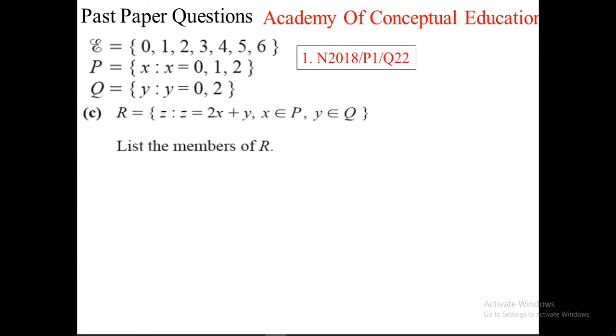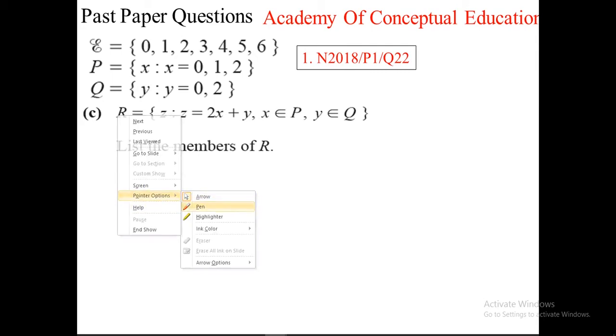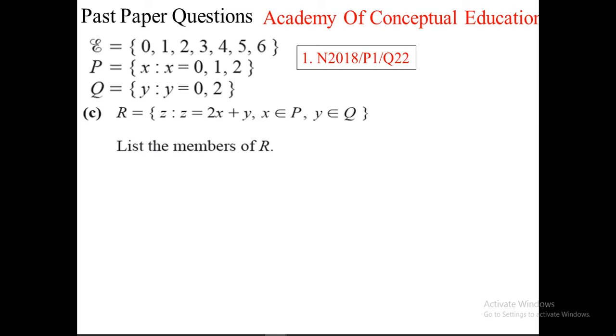Now we are continuing the first question here again. We can see that the sets U, P and Q are given, and in part C we have to list the numbers of set R. Let's find out the elements of set R, and we will check it one by one.